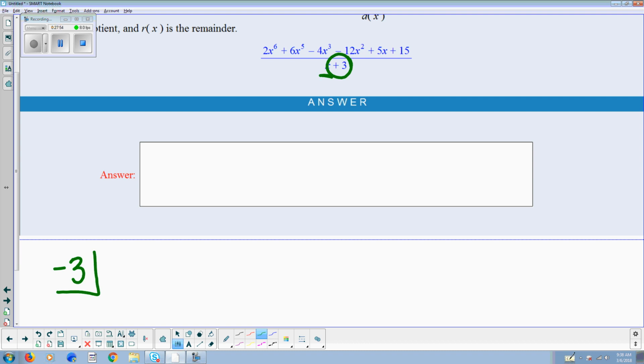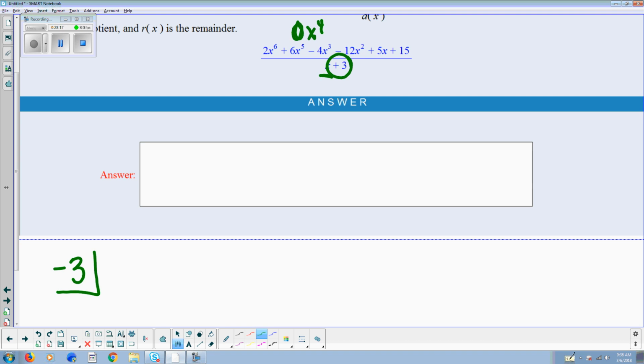And then we're going to write all the coefficients, but we don't want to skip any powers of x. So if you look at the original dividend, that numerator, are there any powers skipped? 6, 5, we're missing x to the 4th. So I'm going to use 0x to the 4th, 3, 2, 1, constant.